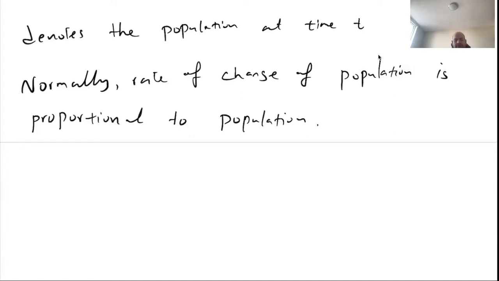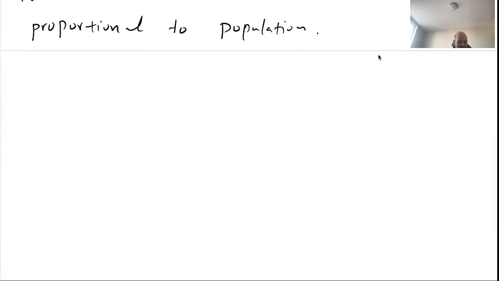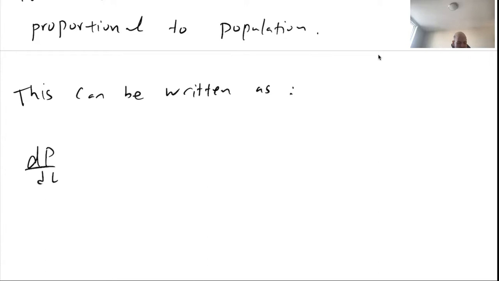Lower population grows slower. So as an ODE, this can be written as dP/dt equals some constant k times P. Rate of change means derivative. So dP/dt, the rate of change, which is the derivative, we assume is proportional to the population, so it can be written as some constant k times P.